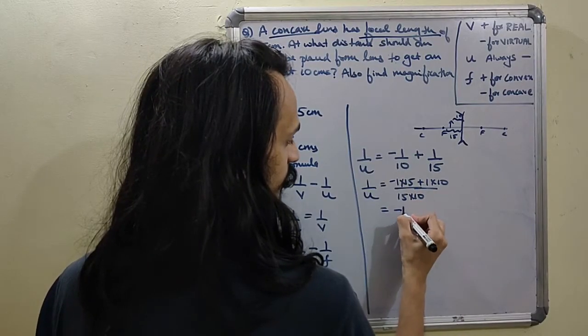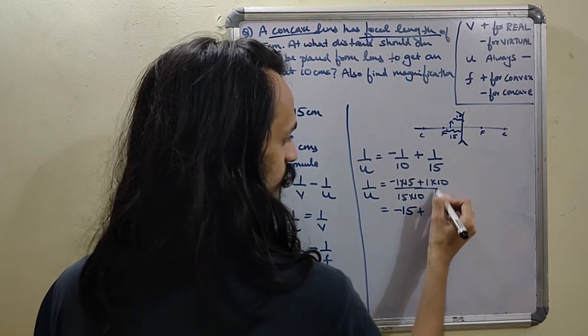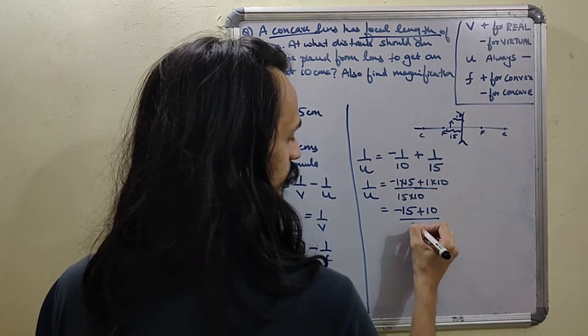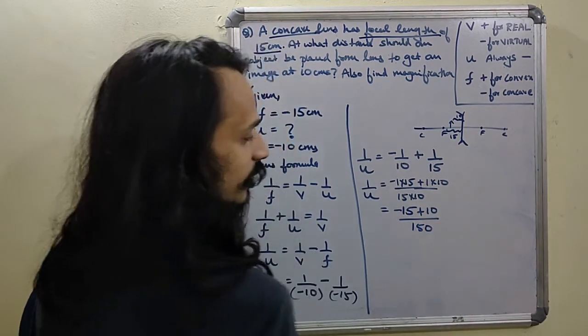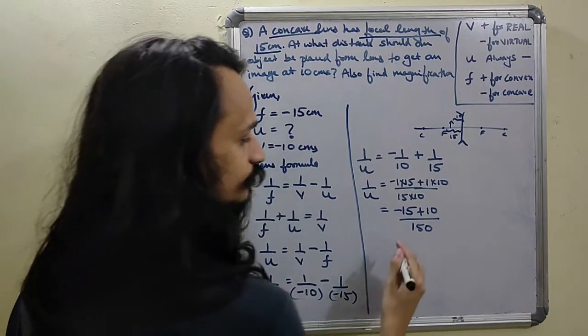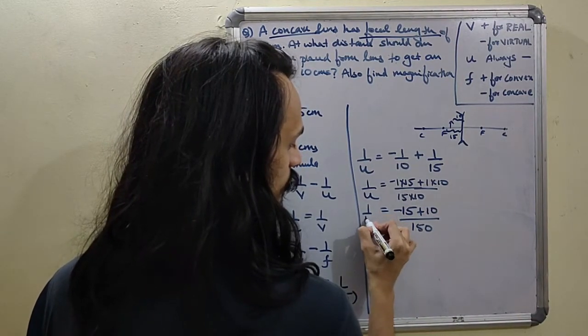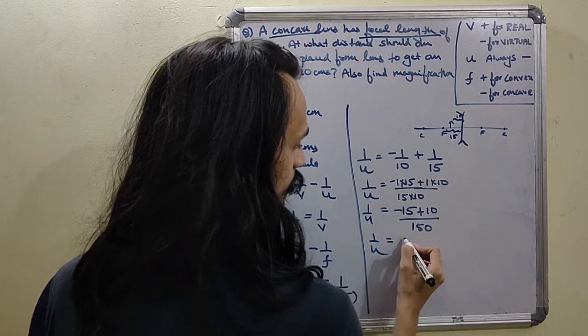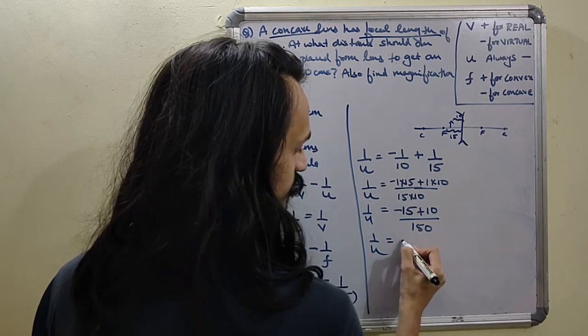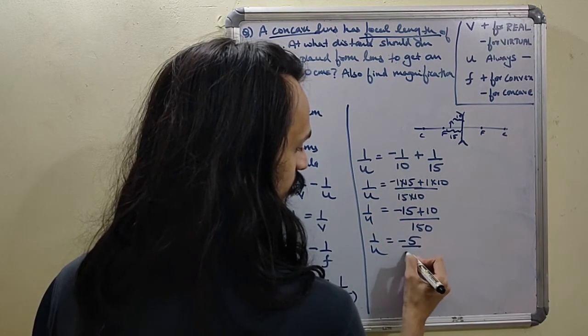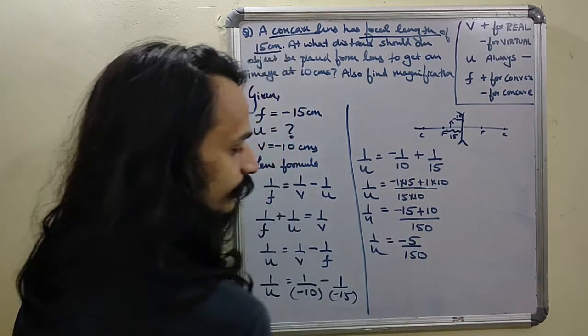So minus 1 into 15 is nothing but minus 15 plus 10 divided by 150. Nothing but minus 15 plus 10 is minus 5 divided by 150.